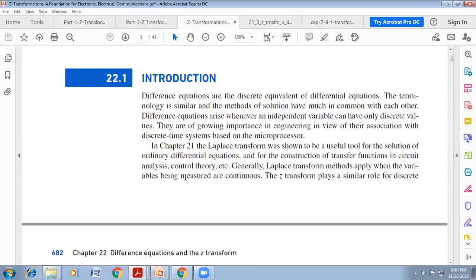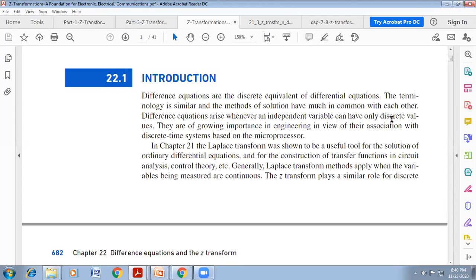And this is equivalent to what? A differential equation when it becomes discrete and is defined as a discrete function. The terminology is similar, and methods of solution have much in common with each other. Difference equations arise whenever an independent variable can have only discrete values.